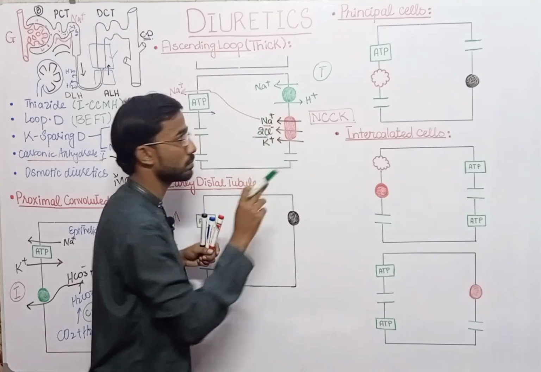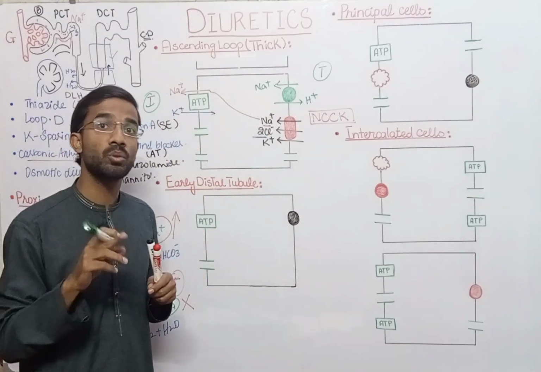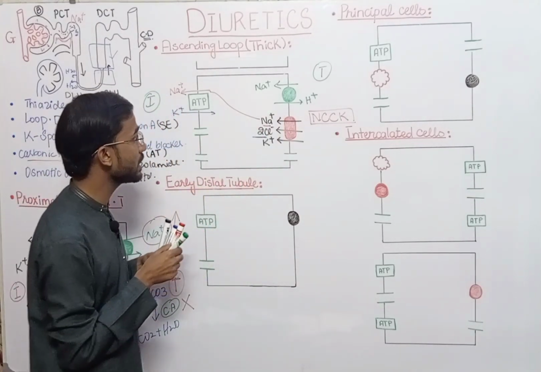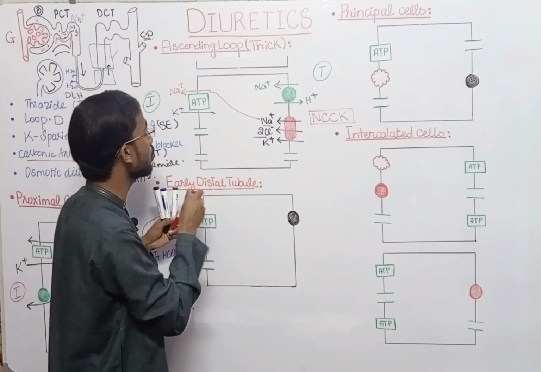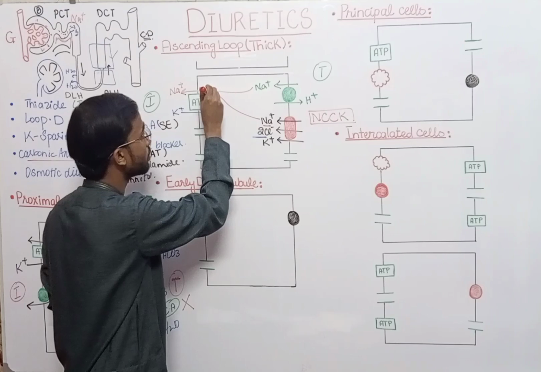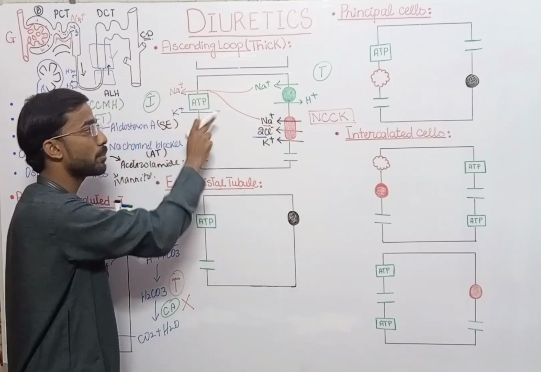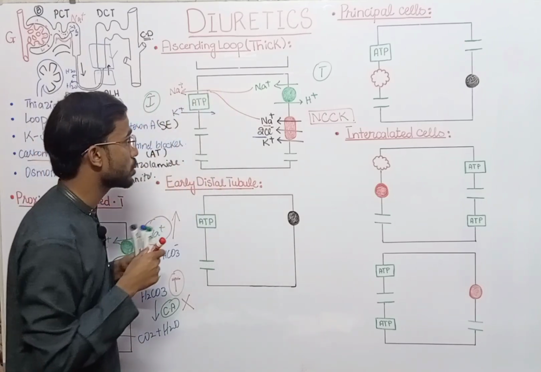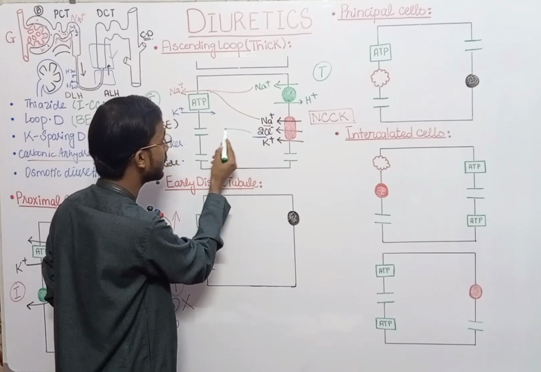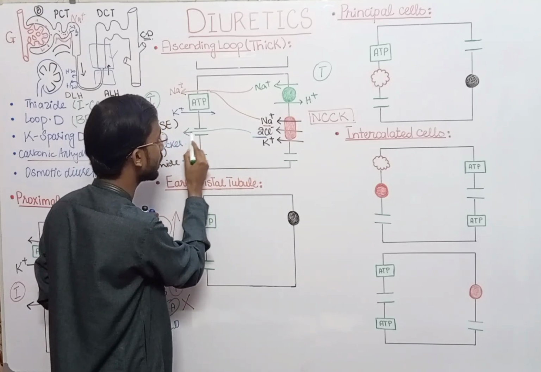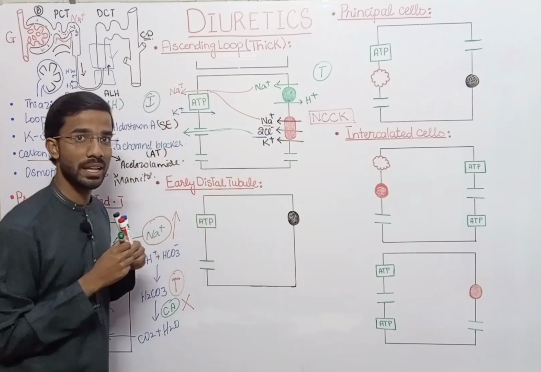It can move into the epithelial space through different transporters. This sodium will also move through the sodium-potassium pump into the interstitial space, and potassium will move the opposite way. Now this chloride ion will move into the interstitial space through a different channel. So this is another pathway.